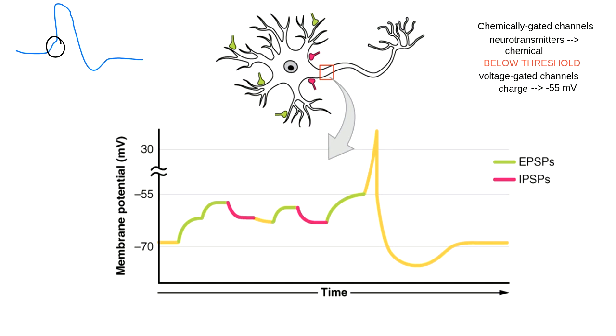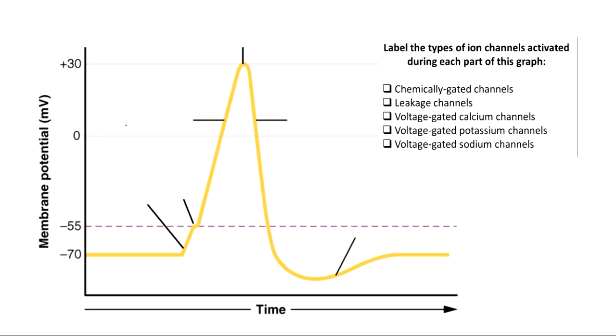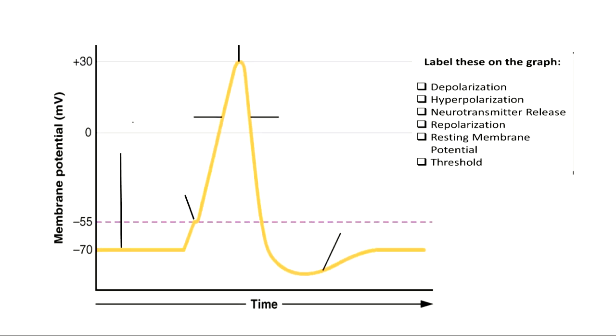Let me find that graph. Let's do them in order. So help me out. What page do you have this picture on? This graph where I'm asking you to label the parts, page 14.